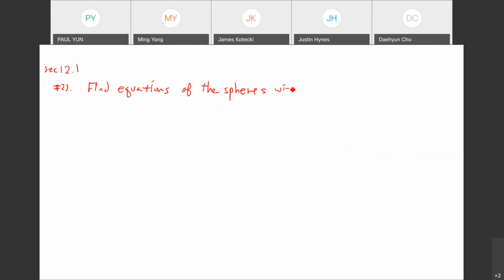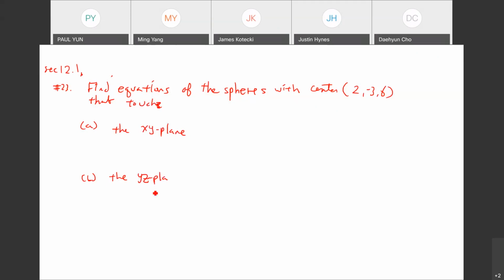Find equations of the sphere with center 2, negative 3, 6, and it says that it touches: part A, the XY plane; part B, the YZ plane; part C, the XZ plane.